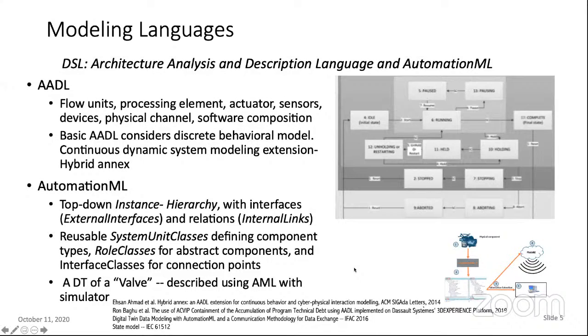Now, AutomationML also has a state model, which represents its behavior. Again, this is a standard IEC 61512 based state model, where it says at what state this module can be.